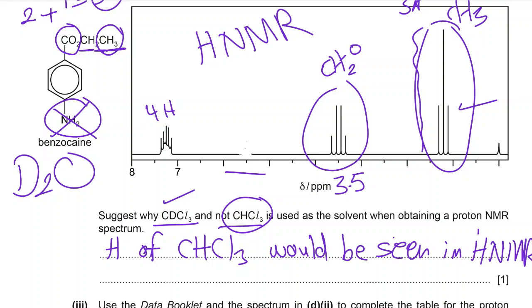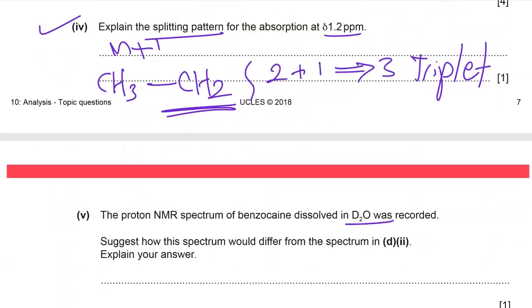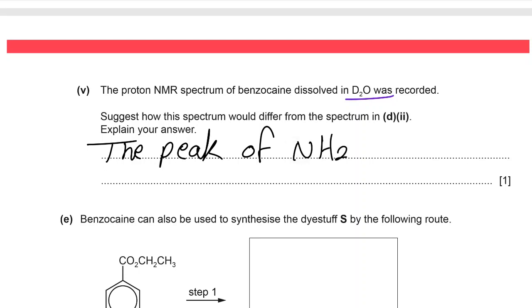Okay, so let's come back to the question. Suggest how this spectrum would differ. That means the peak of NH2 will disappear.